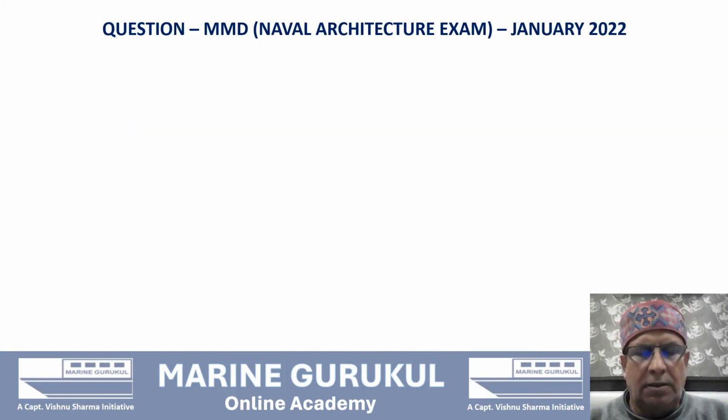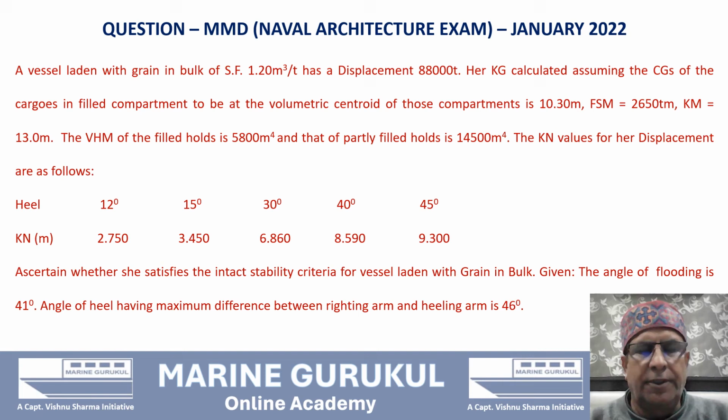Let's have a look at an exam question. It is from MMD Naval Architecture exam January 2022. A vessel laden with grain in bulk of stowage factor 1.20 cubic meters per ton has a displacement of 88,000 tons.